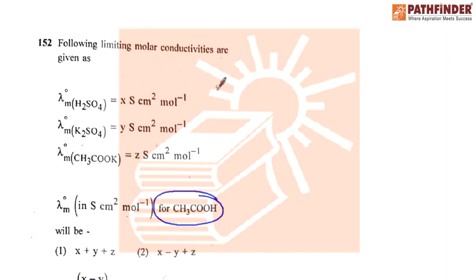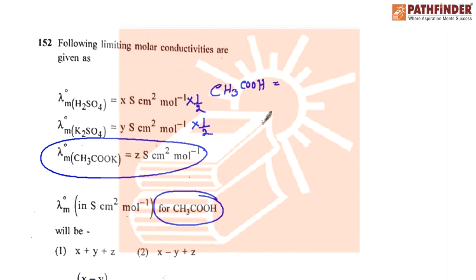So ultimately, if we want CH3COOH, we can do one thing: multiply by half, and after that write equation number 3 plus equation number 1 minus equation number 2.